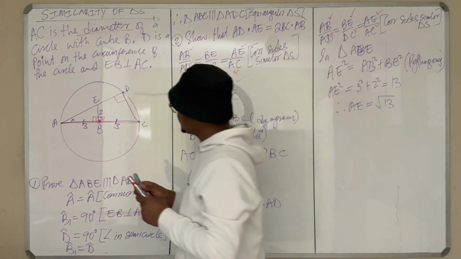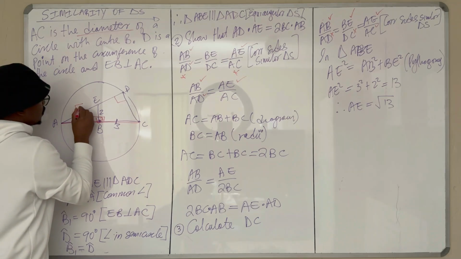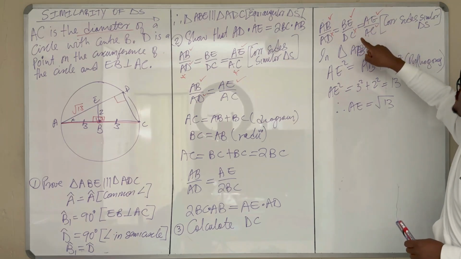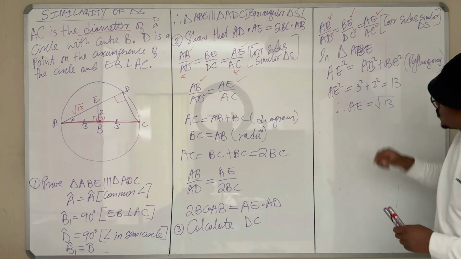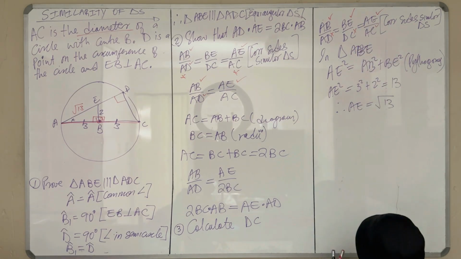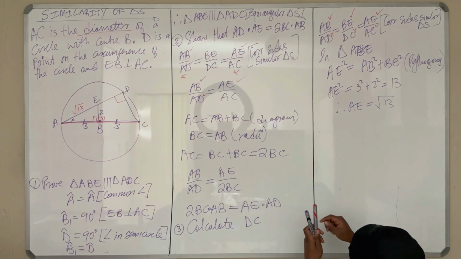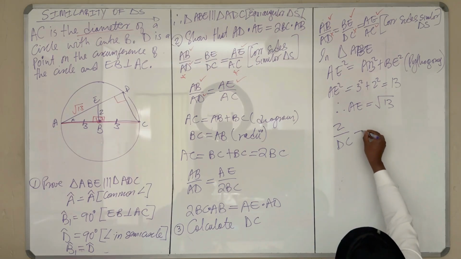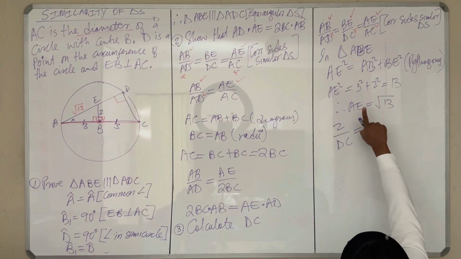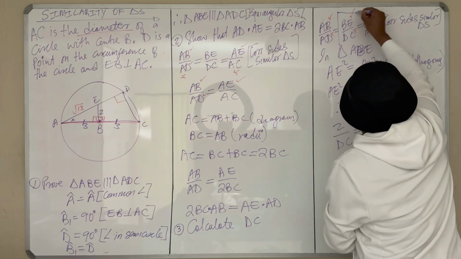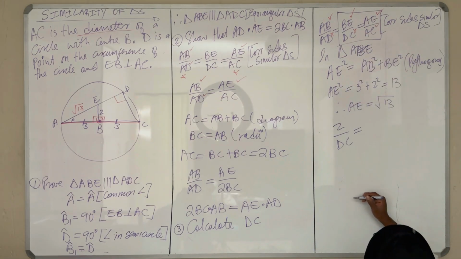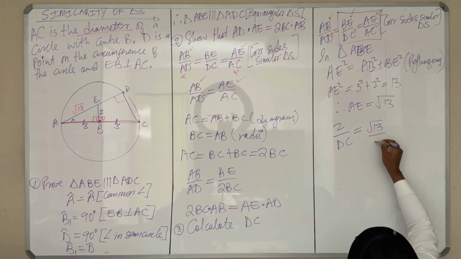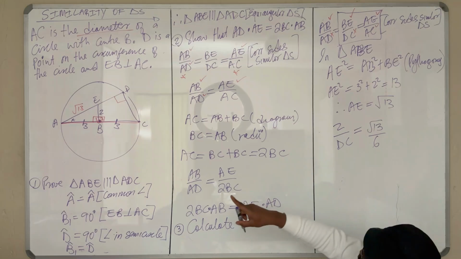So we do have AE to be equal to the square root of 13. Which means we have everything here except DC. So what is your BE then? It's 2, over your DC, which is what we're trying to find, is equal to AE, square root of 13, over AC, which is your diameter, which is 6, because AC is 3 and 3.